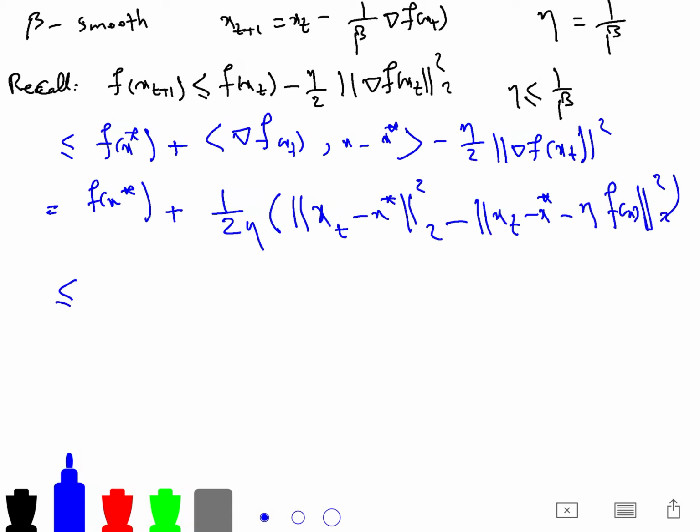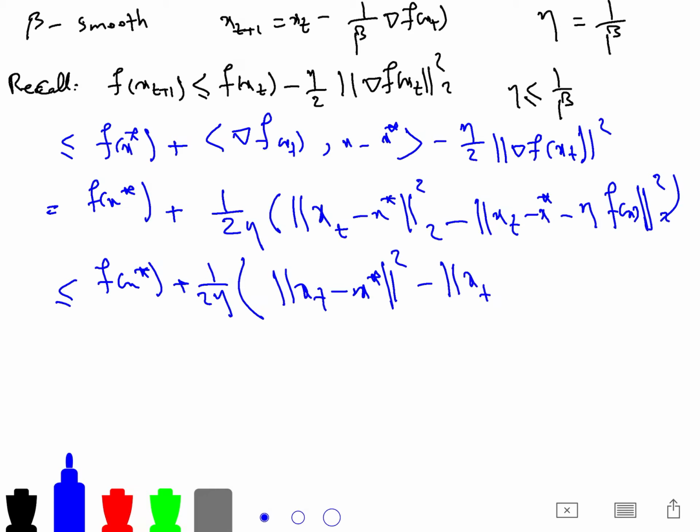And this is less than or equal to f of x star plus 1 over 2 eta times the norm of x_t minus x star squared minus x_{t+1} minus x star squared. And this is a telescopic sum, and once we sum it, we can use the telescopic property as before, as I used for the previous part.